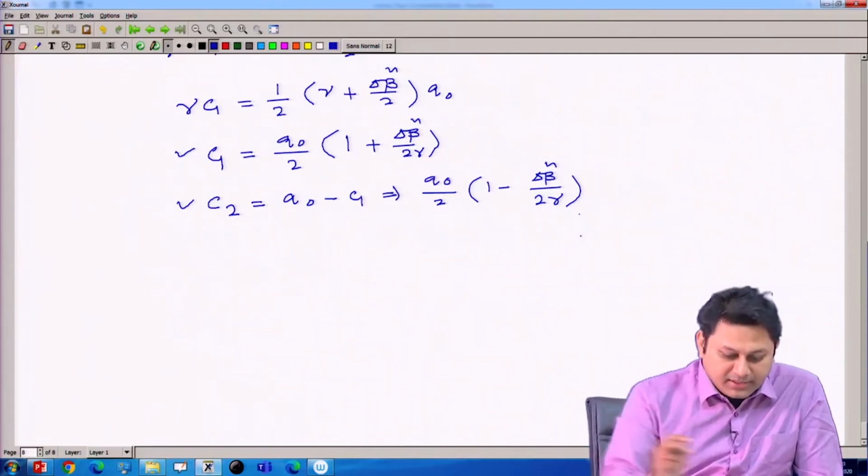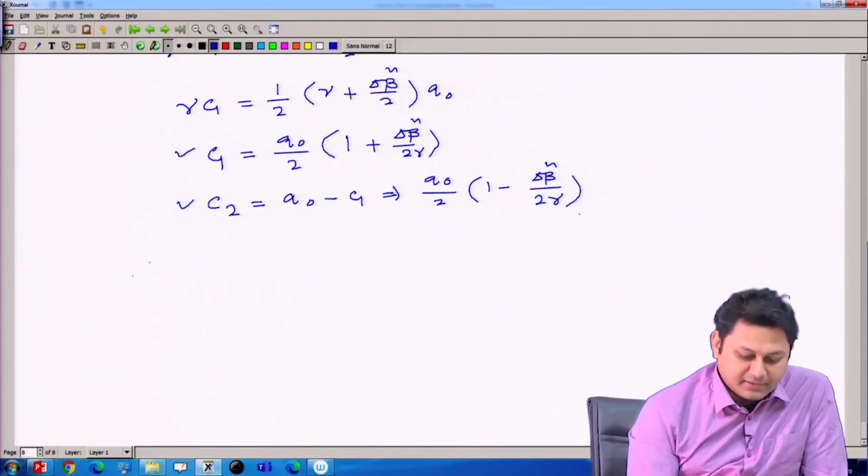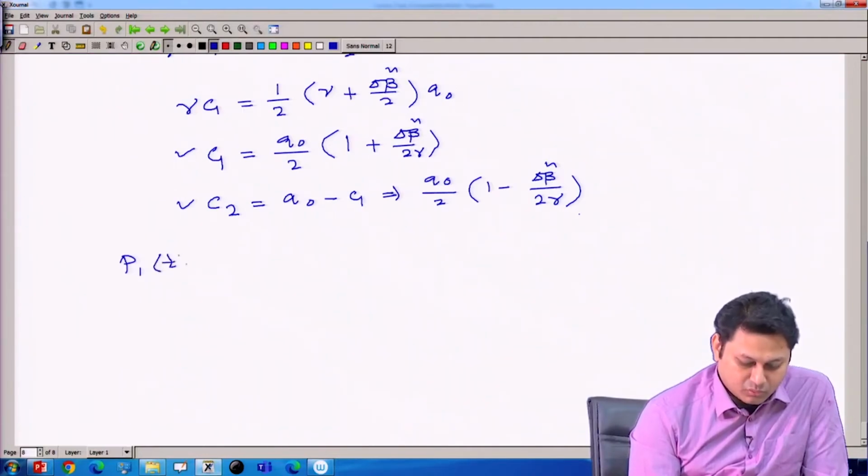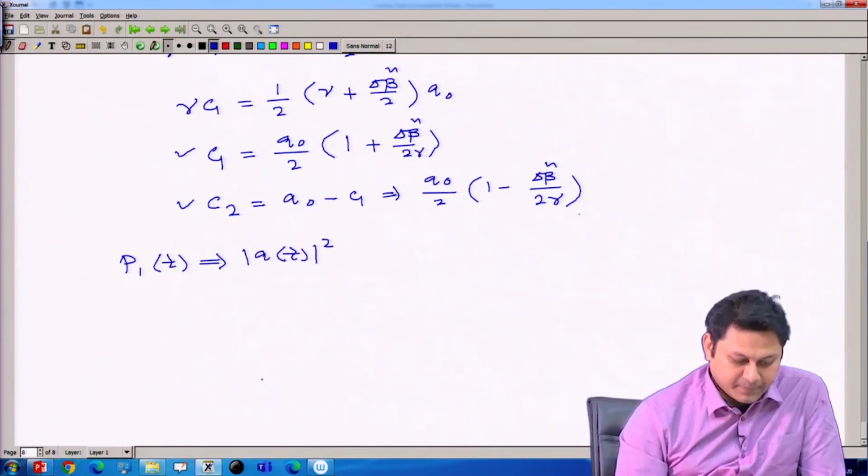Now, the important thing is the power, because that is what I am eventually going to measure. So, the power is related to the mod of A z square. The amplitude square is directly related to power.